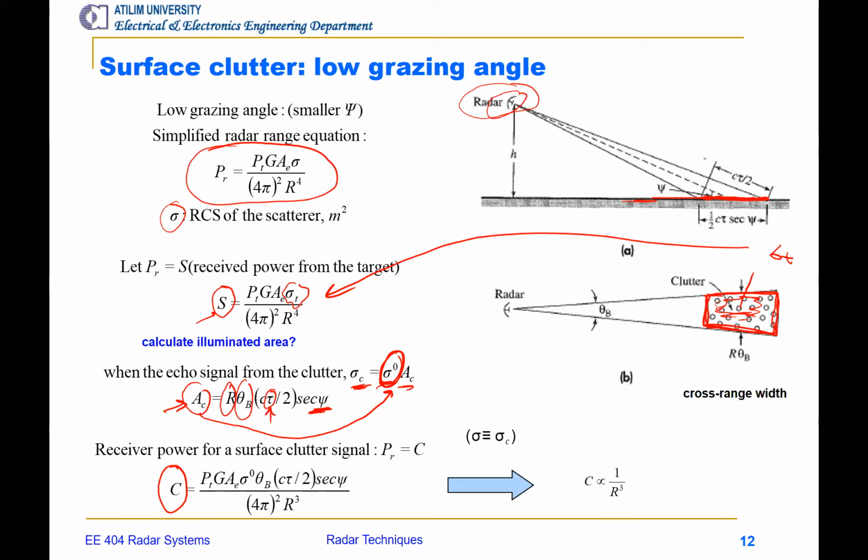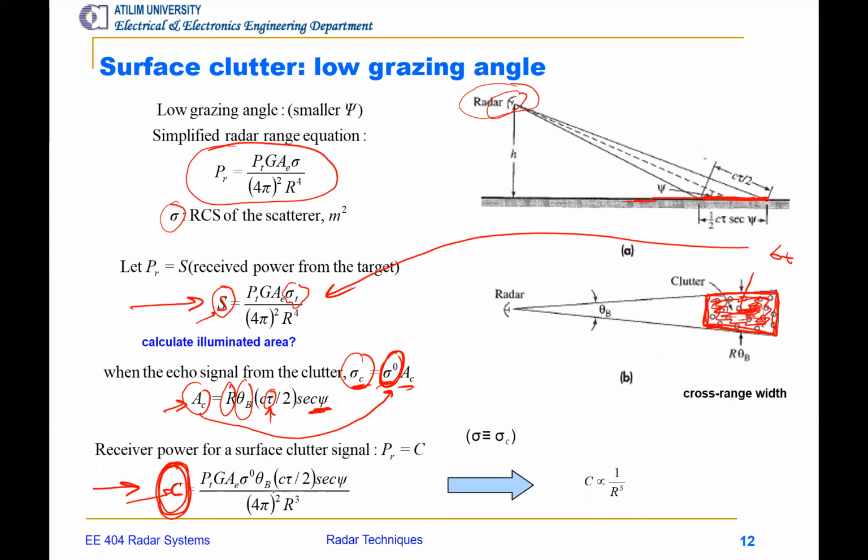So it's highly dependent on the nature of this surface, as well as the frequency, of course. And once we determine sigma c, then we can write the received power due to clutter, and it's denoted by C. So we got signal power right here and clutter power right here.